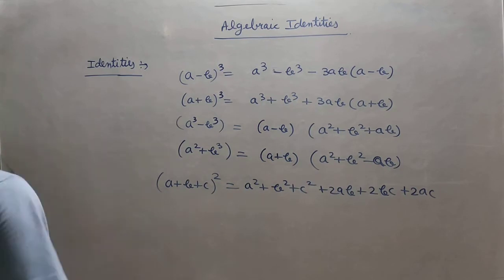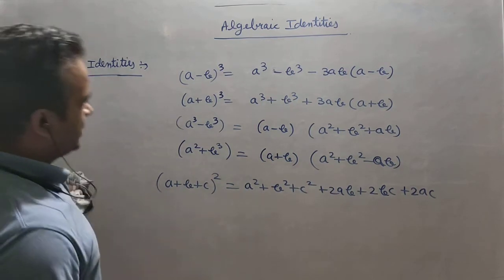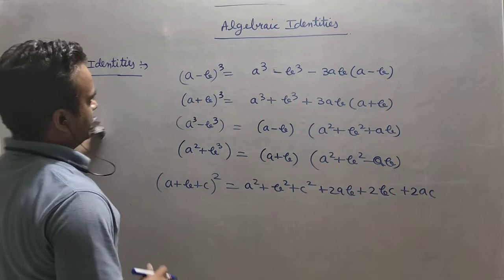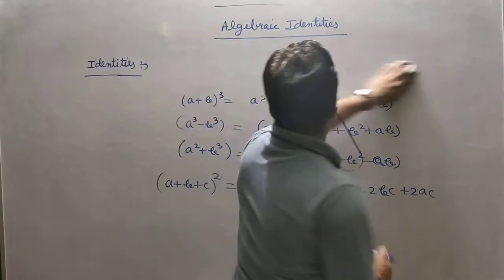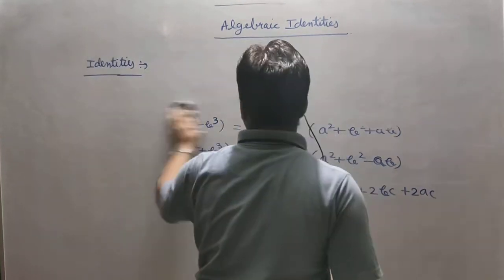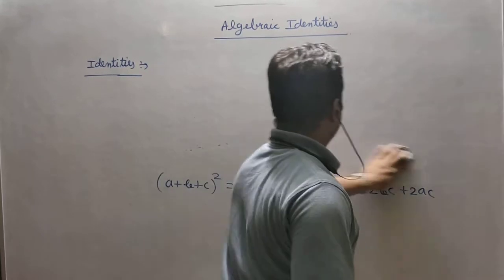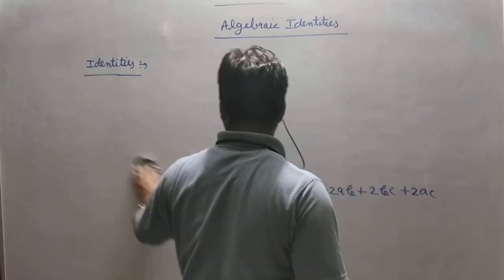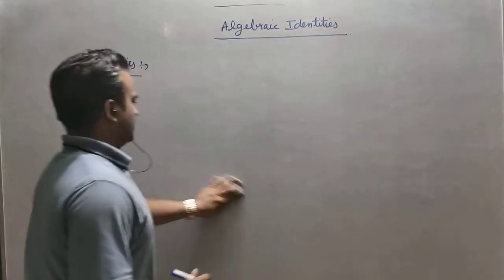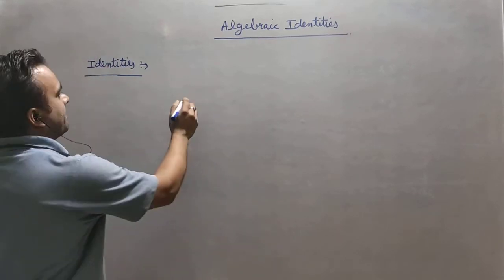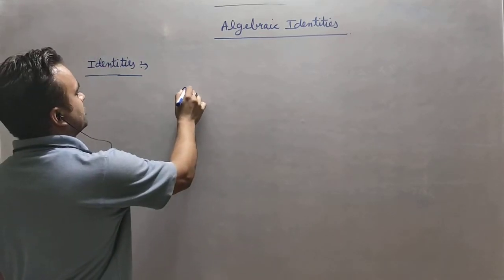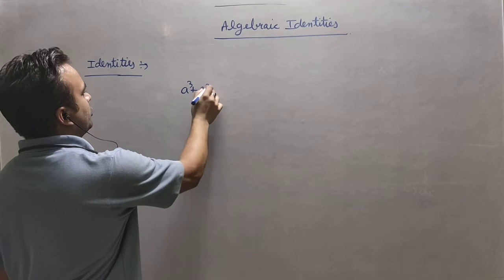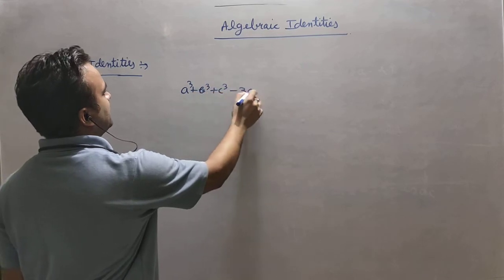I am doing that identity separately so that I can tell you the exact meaning of it. Okay, now next one is, suppose a cube plus b cube plus c cube minus 3abc.